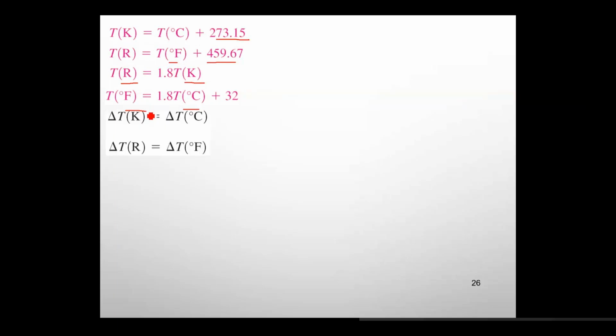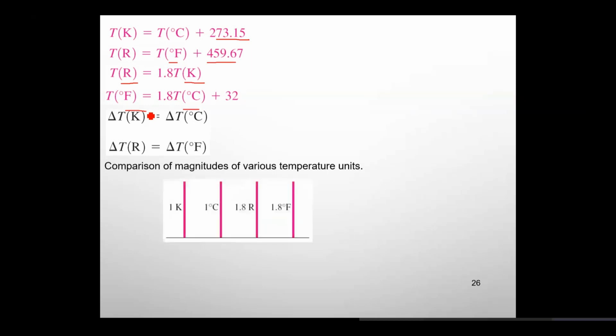Clear? All right. And as it is shown over here, the change in Kelvin would be the same as change in centigrade, and the change in Rankine would be the same as change in Fahrenheit scale, because they are relative terms. Comparison of various magnitudes shows that 1 Kelvin change, or 1 centigrade change, is approximately equal to 1.8 R or 1.8 F. All right.